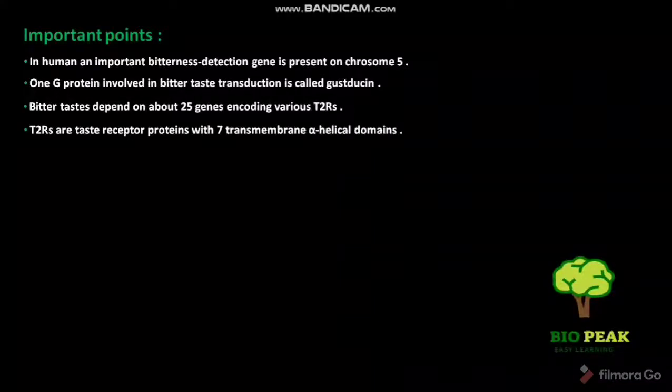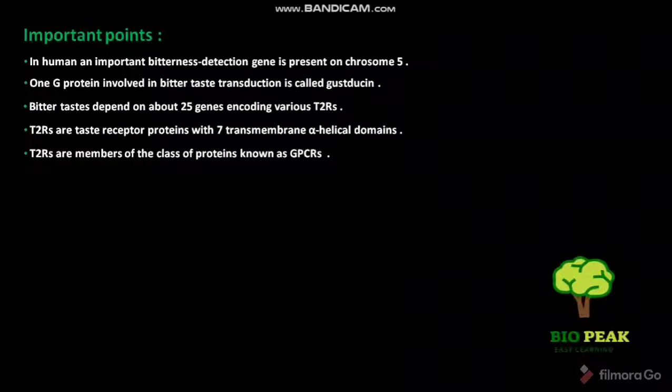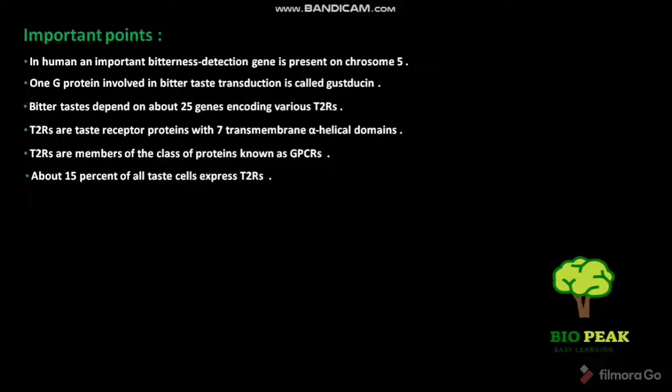T2Rs are taste receptor proteins with 7 transmembrane alpha helical domains. T2Rs are members of the class of proteins known as GPCRs. About 15% of all taste cells express T2Rs.